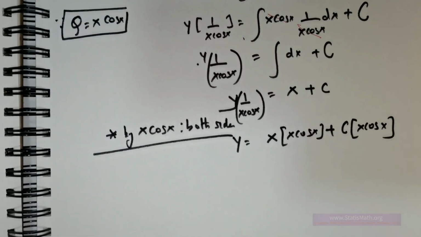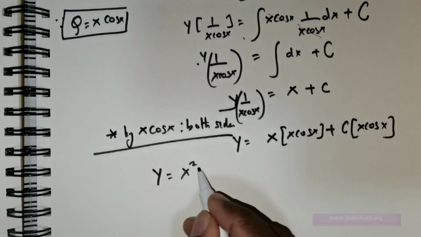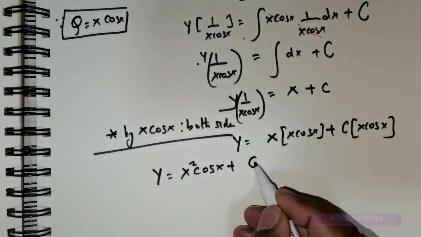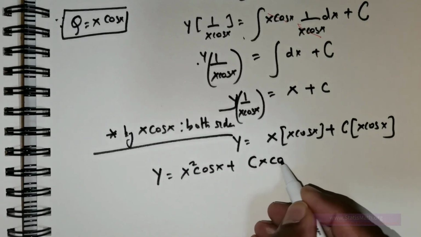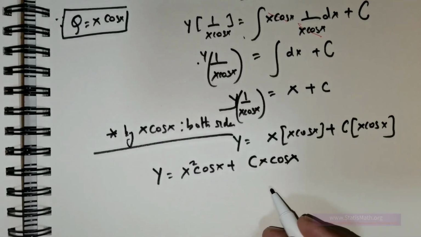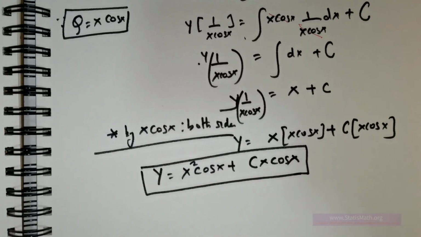So this is what I am getting. I can rewrite this as y is equal to x squared times cos x plus c times x cos x, depending upon what you want, you can write it. This would be my final solution for the question.